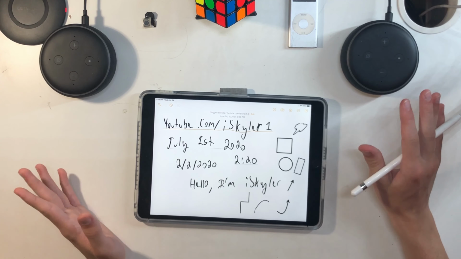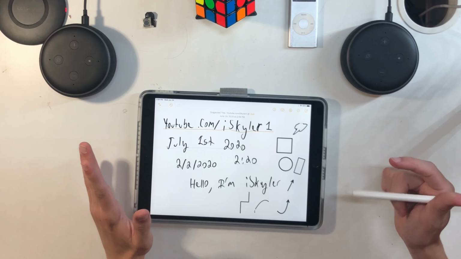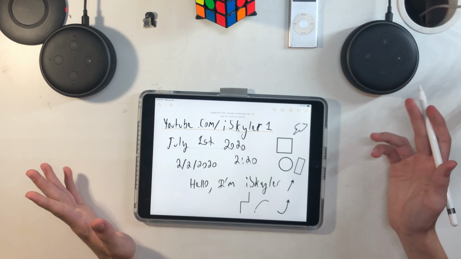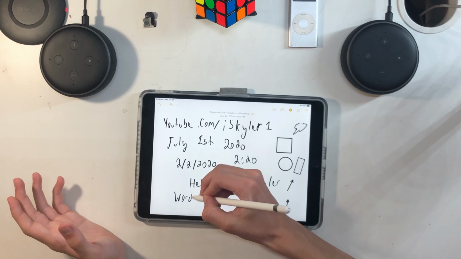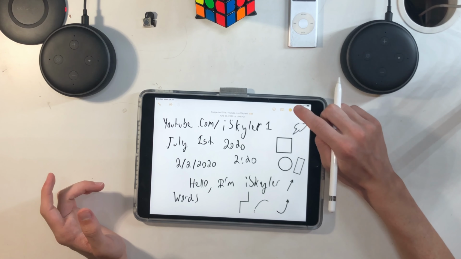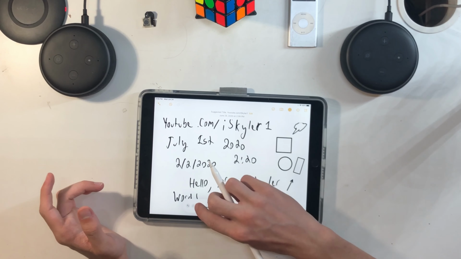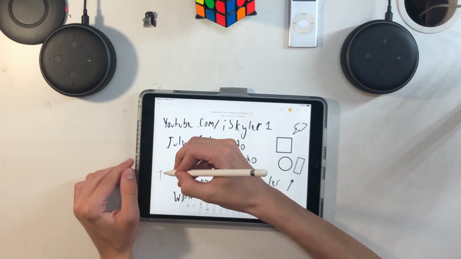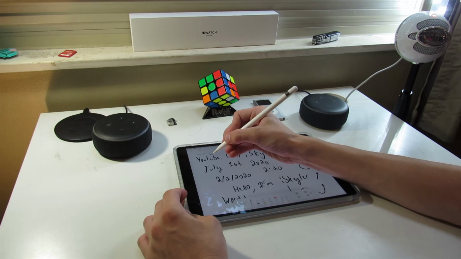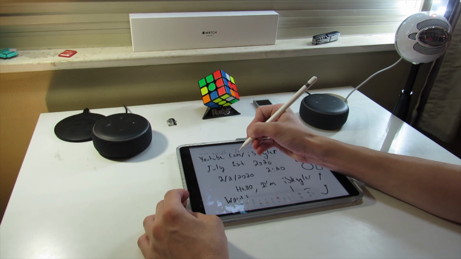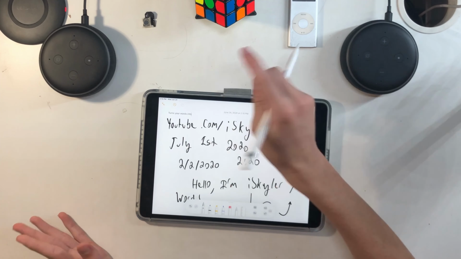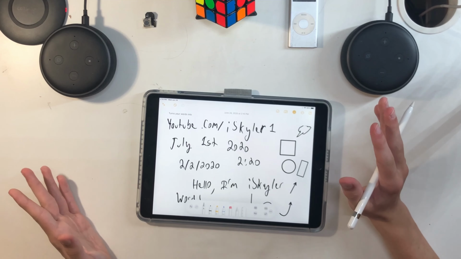Yesterday, I was working on writing something. I wrote it entirely with the pencil, just by writing words, because there's another pencil option, the magic pencil, that turns your words into real text, like that. That's awesome. That's really cool.